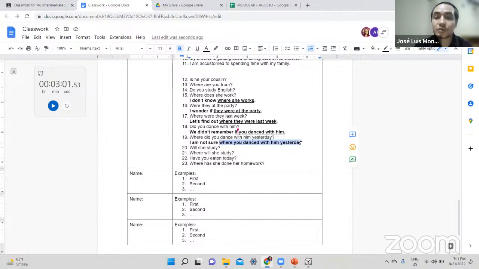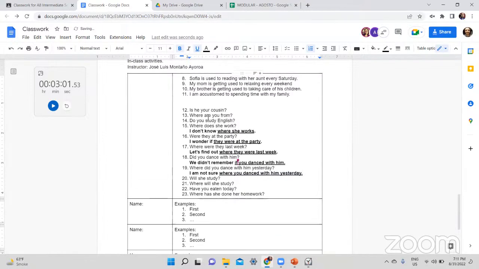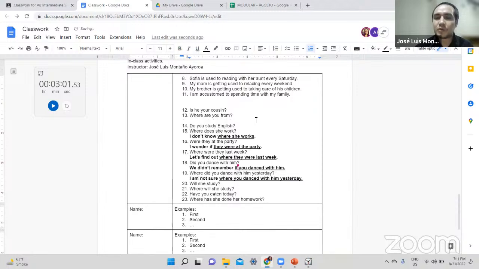Then we are going to use questions with questions. And the last one is, let's say, one of them, number 13. Where are you from? Okay, so what is the embedded question? And here you're going to use I've forgotten. Okay, I've forgotten. So what is the embedded question here?